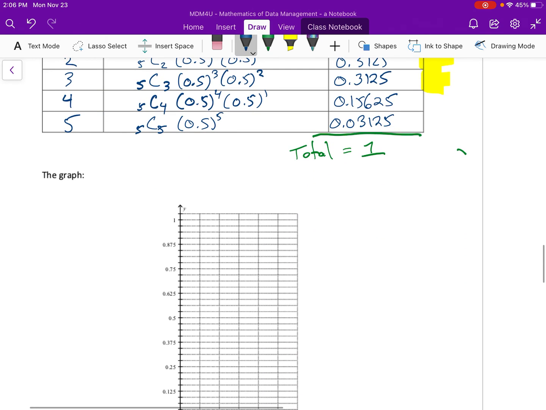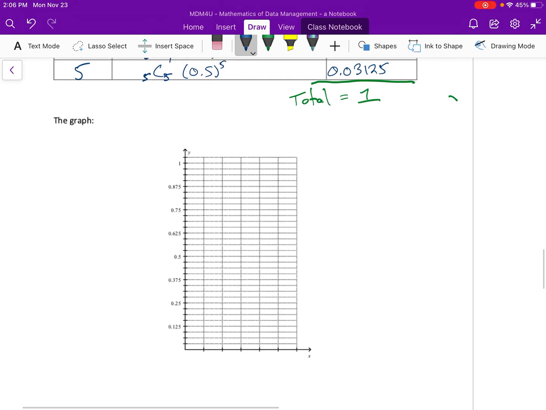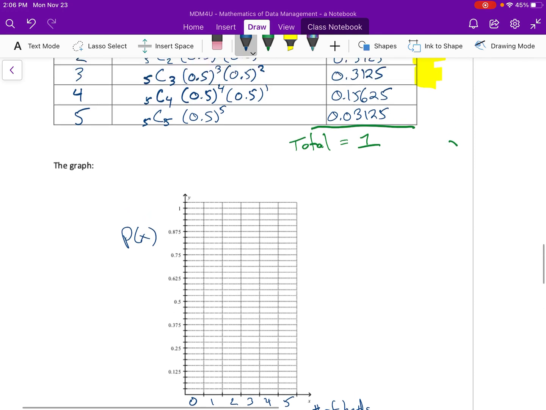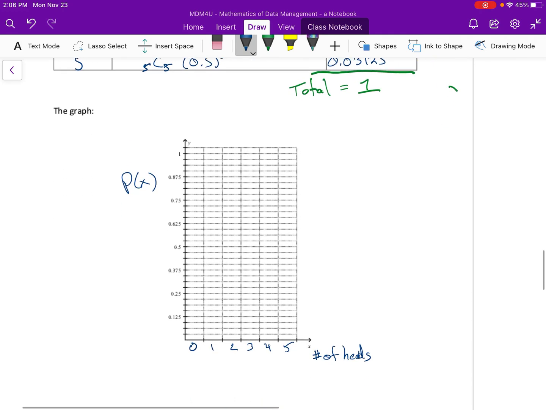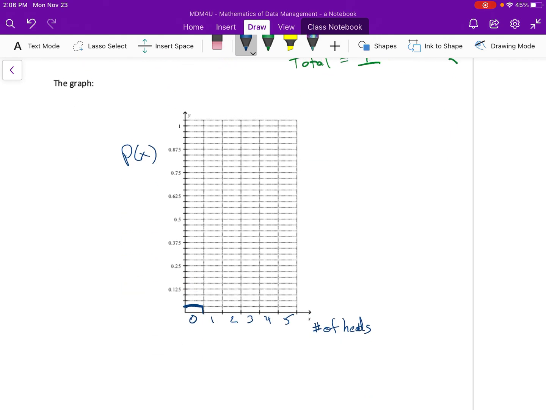So if I graph these, so I've given you your various probabilities here. So this would be the probability of getting 0, 1, 2, 3, 4, and 5. And this is X, which is the number of heads. And this is my probability of X. So if I go back up, 0.0312. So it's kind of an estimation here. So that's about there, 0.15.